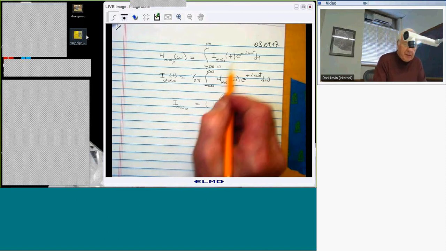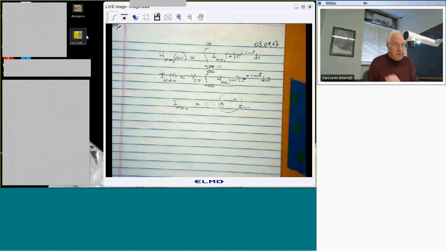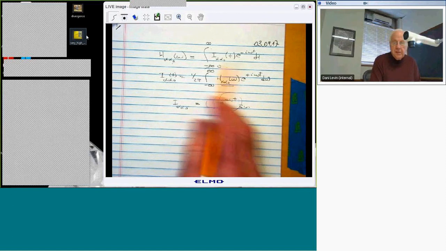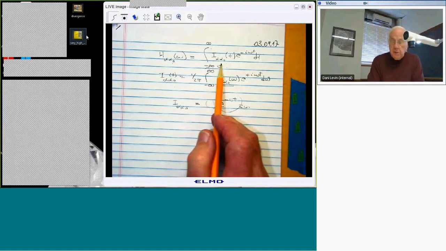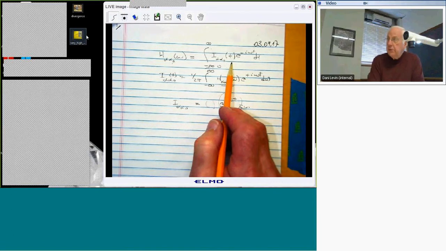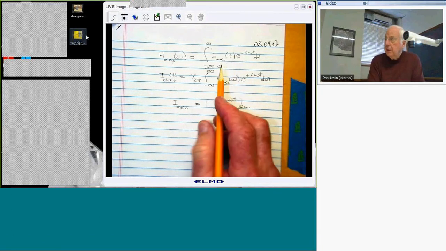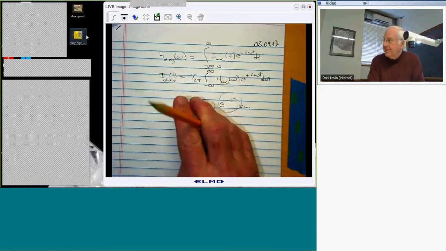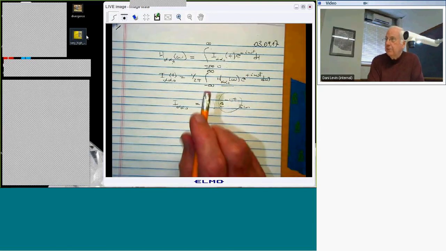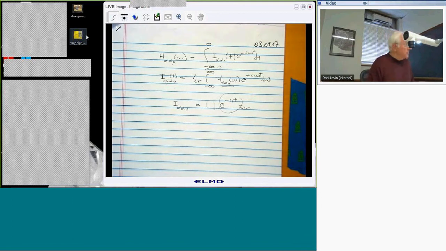It's important to recognize that this thing is 0 for t less than 0, and that this makes this integral well behaved. If you had a function that didn't die off in time, and you tried to do this integral out to infinity, you would have to think about things like delta functions, and other singular functions that make sense of what the integral means.